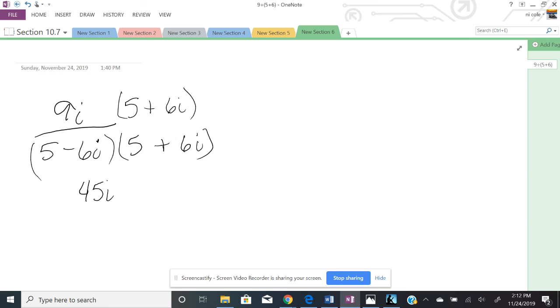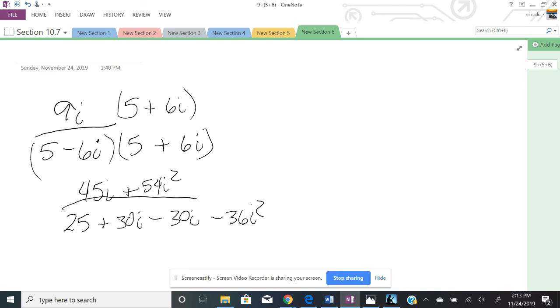And 9 times 6 gives me 54i squared. Over 5 times 5 is 25. 5 times 6 is 30i. 6 times 5 is minus 30i. And then I have minus 6 times 6, which is 36i squared.